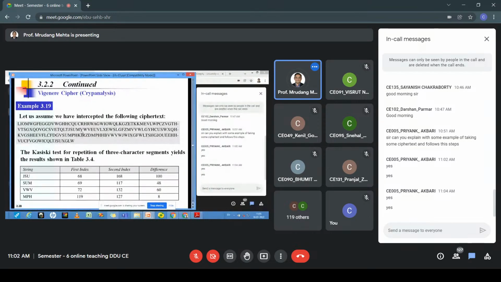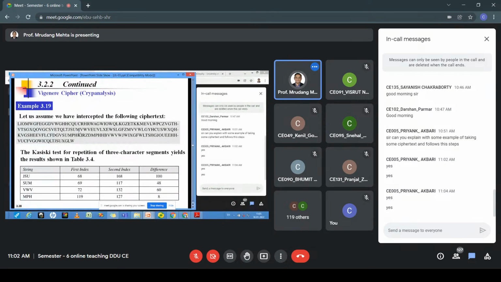So the first index for VWV is 72, and the second one is at this point, that is 132. You can do the manual count later on, but the difference between these two is again 60.